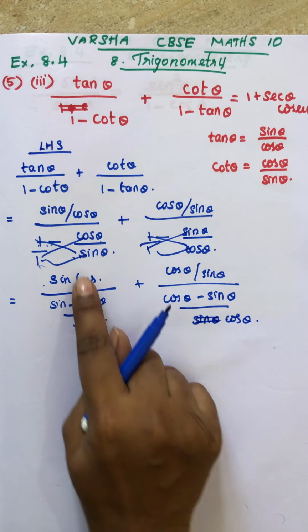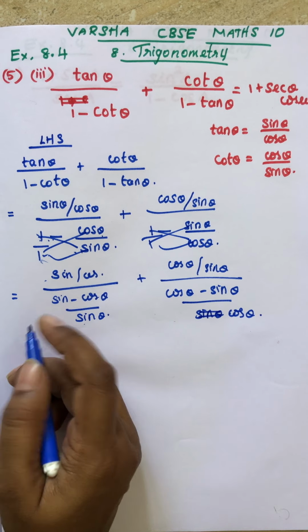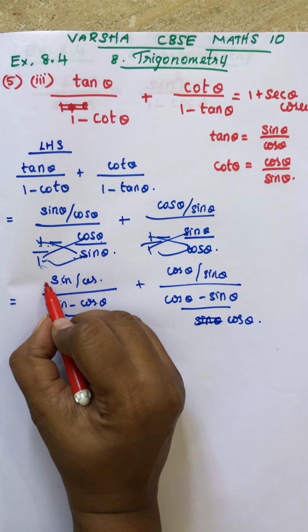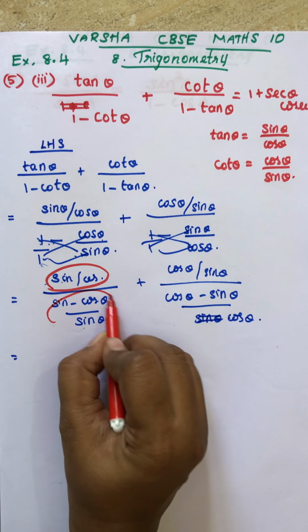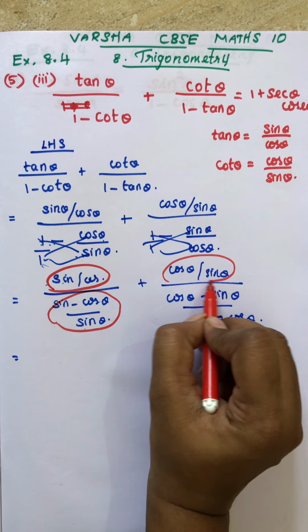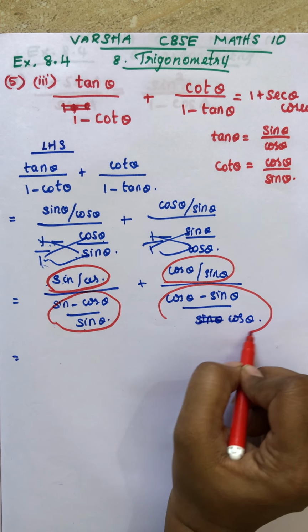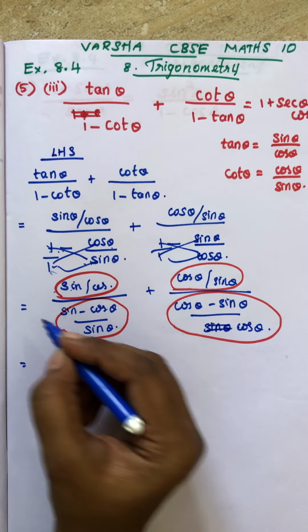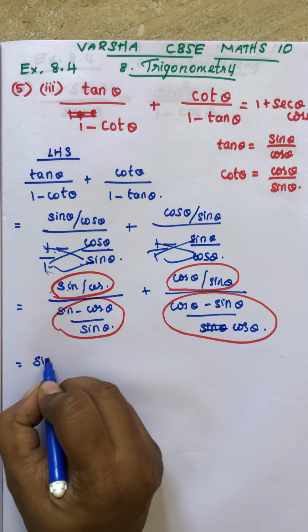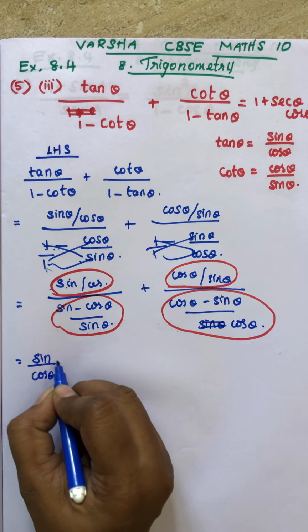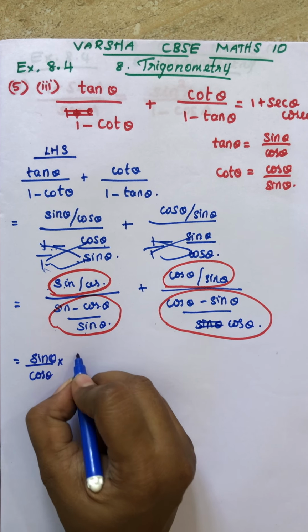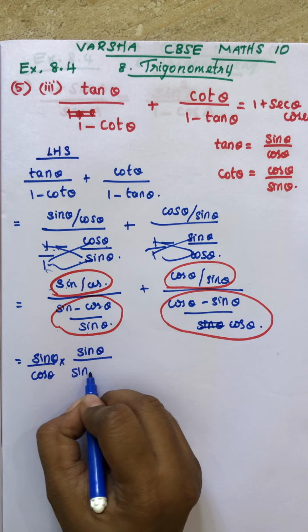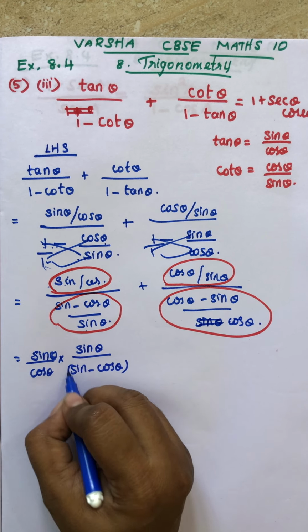Okay. So we cannot cancel any of the things. See, these are two fractions: the numerator is a fraction and the denominator is a fraction. Whenever you have two fractions, write the numerator fraction as it is, sine by cos, and for the denominator fraction you just take a reciprocal. Okay, do you understand this step?